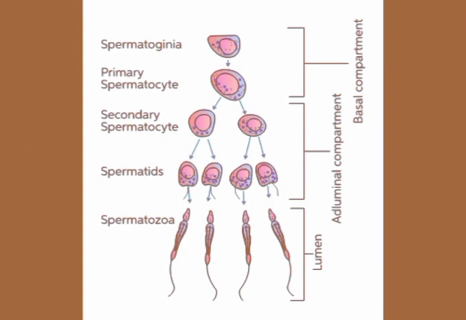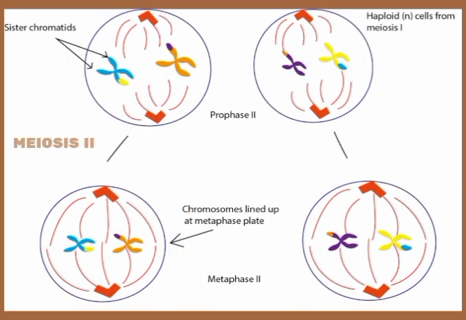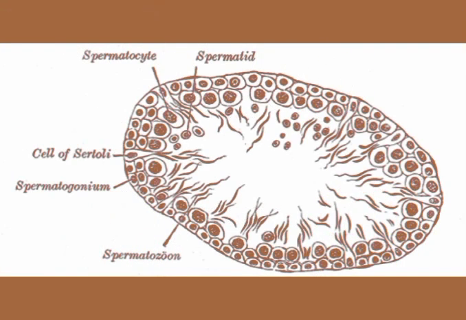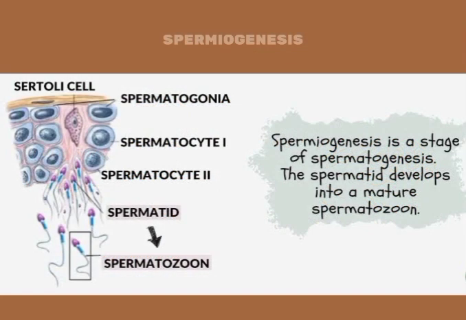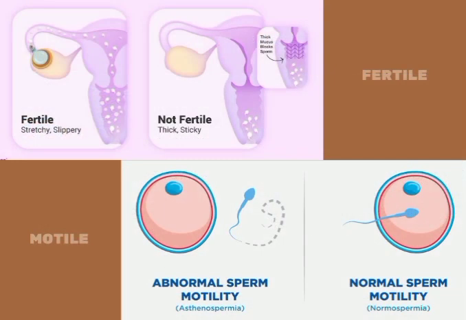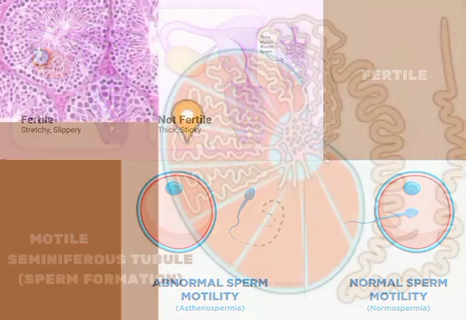Secondary spermatocytes undergo meiosis too, and split to create two more haploid cells, which are now called spermatids. Spermatids are immature cells and undergo spermiogenesis. When they become more mature, they will become motile and fertile.